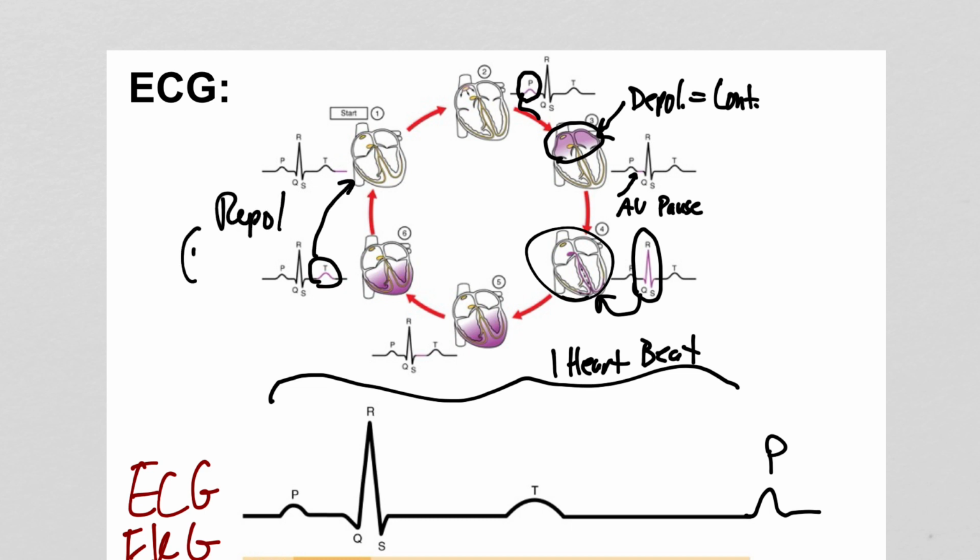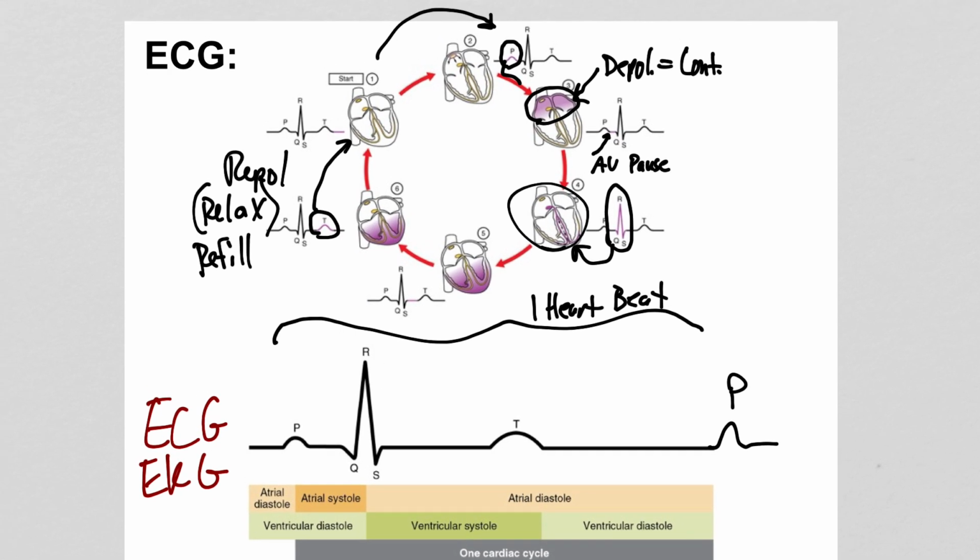And think of repolarization as meaning relaxation. We're resetting the ventricles, relaxing the muscle. And when they're relaxing, that means they're refilling. Once they refill, we come right back around, we have another P wave, and we start the entire cycle all over again.